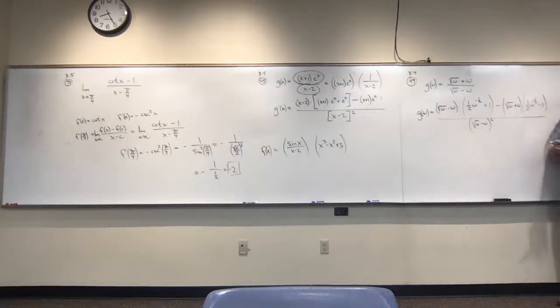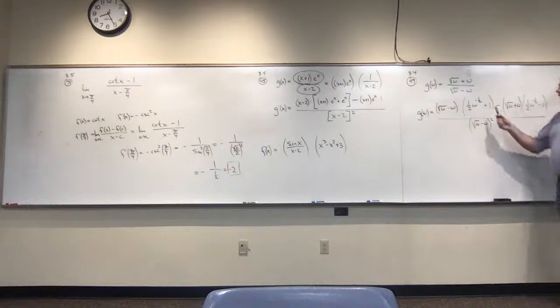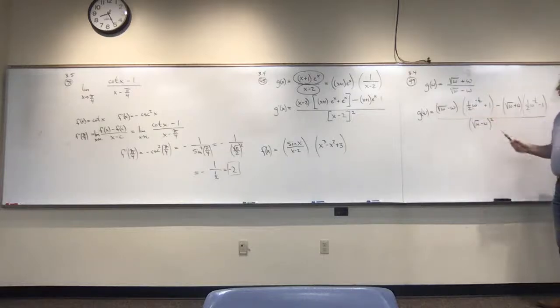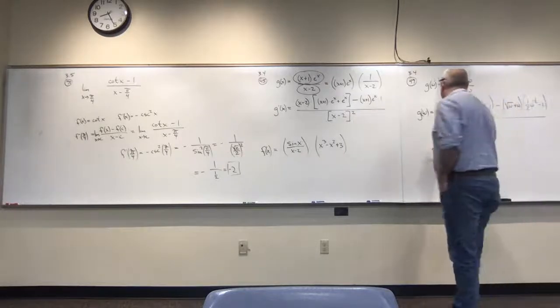Could I simplify this and make it a little more pretty? I think almost certainly, if you wanted to. So like this one could be rewritten. I'll just do it really quick.